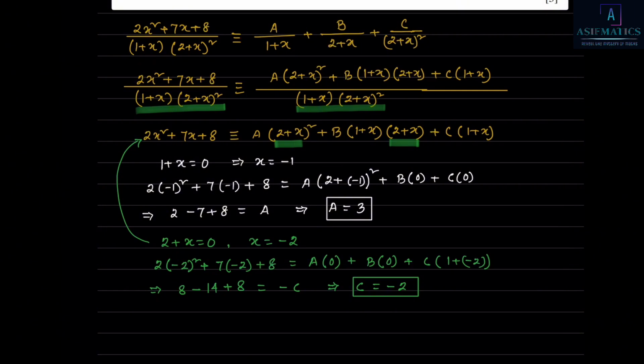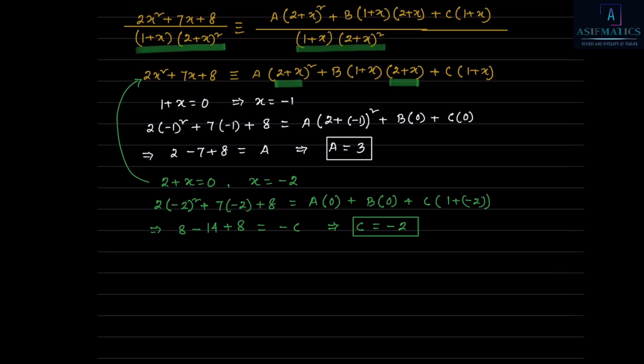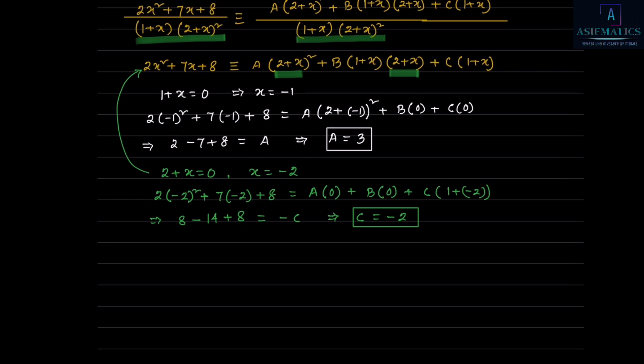Now for the third value, the b value, as this is a repeated factor, we know that for repeated we need to take a new value. So take x equals 0, and put this x equals 0 value into the main equation again.